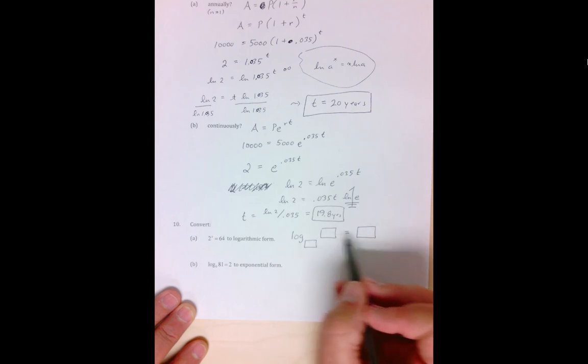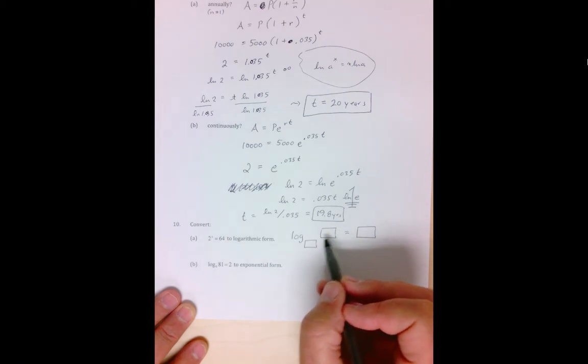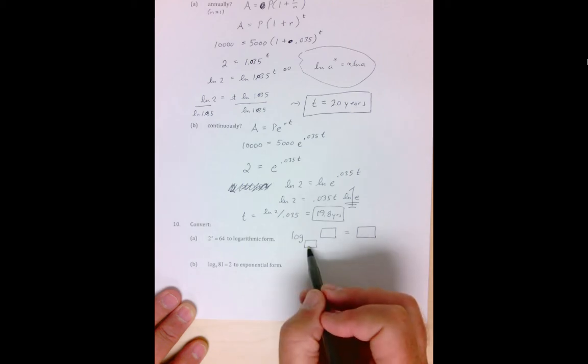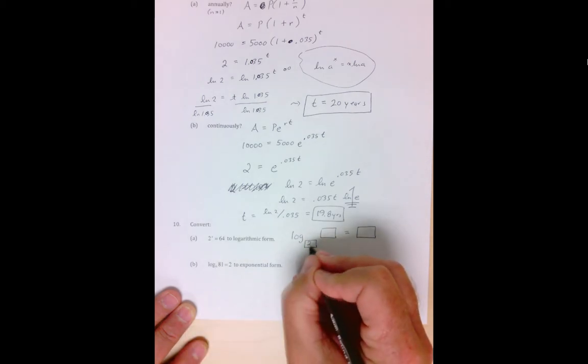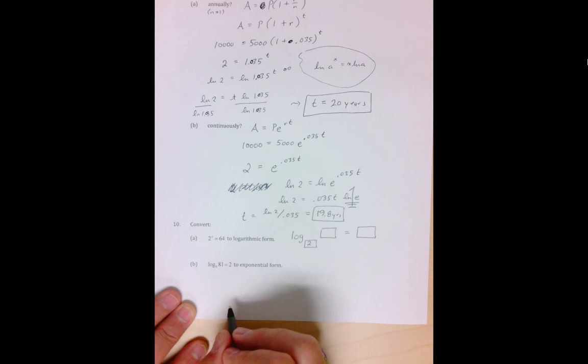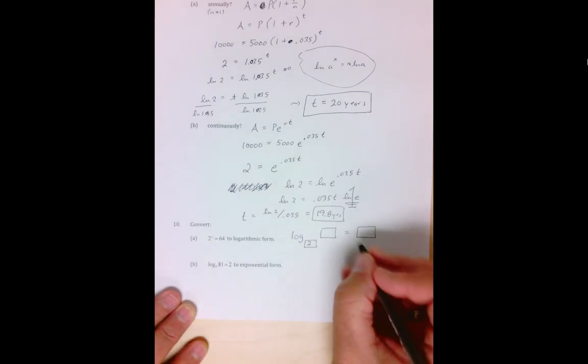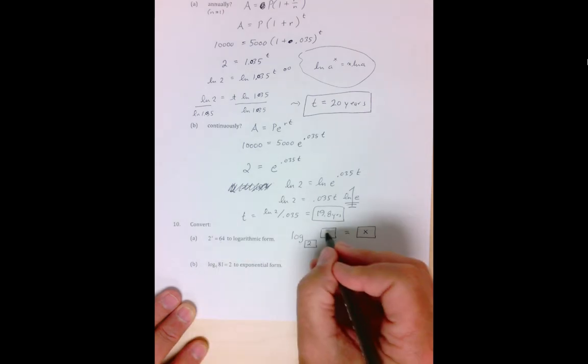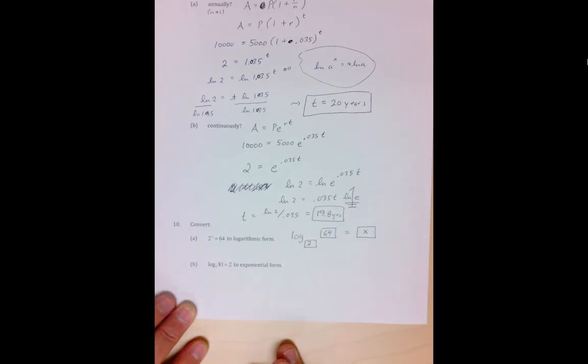Base, the exponent, the number we get when we take the base to that exponent. So guys, our base in this case is clearly 2. Our exponent is clearly x. And the value we take to raise is 64.